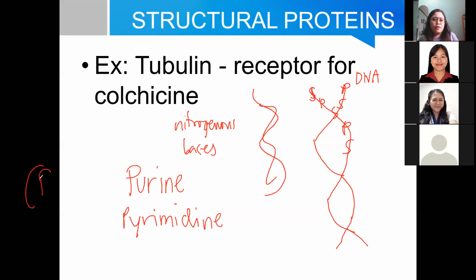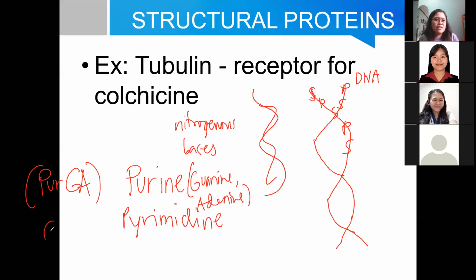Tapos natay mnemonics nga ginagamit ani. For purine, we have the purga. Actually, tong time na mo, puga lang gini siya niya. Murag nalainan siguro sila na naminaw, nahimo na siyang purga karon. Puga lang ni sa mga sa una. And then, Ga stands for guanine and adenine. And then, for pyrimidine, our mnemonics is picat.